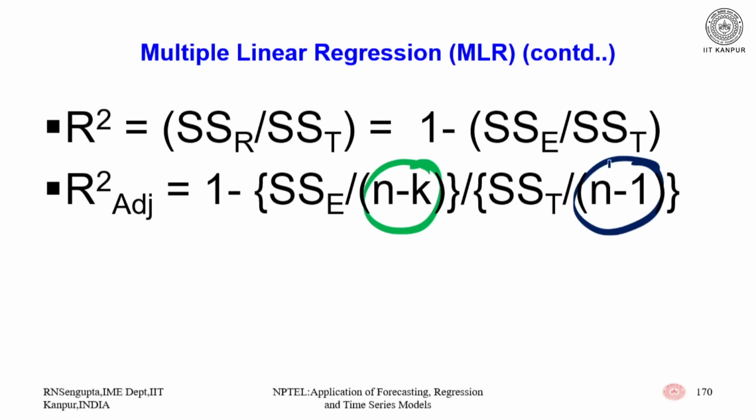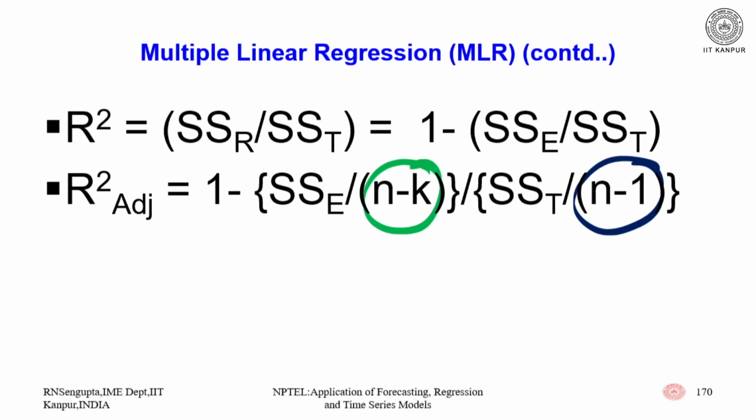And this n minus 1 and n minus k are the corresponding so called average value, which brings into the picture the quantum of SSE divided by n minus k, which would give you the average concept, because n is the sample size, k is the degrees of freedom which is being lost. So, for the total sample which you have, adjusted, what is the total amount of error on an average which is coming from the white noise outside the ambit.